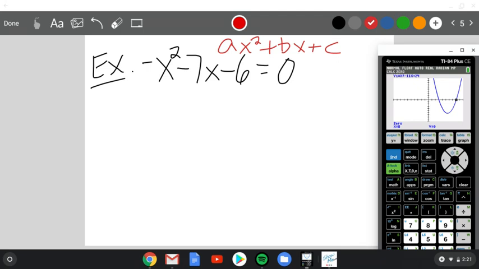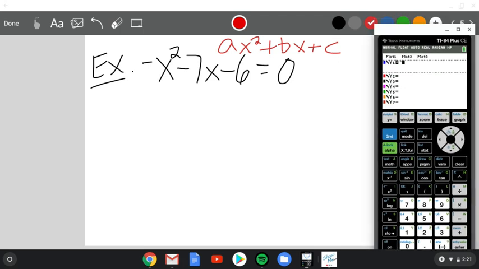So let's plug that in, y equals, clear that out, negative x squared minus 7x minus 6. And again, I'm going to try zoom 6. That's just the standard window. And you can see your frowny parabola, and you see it crosses the x-axis 2 times.